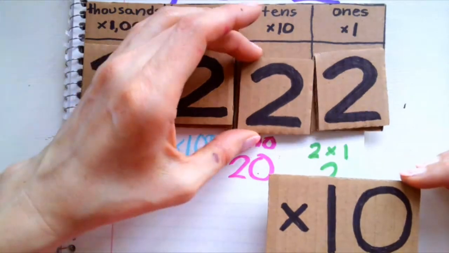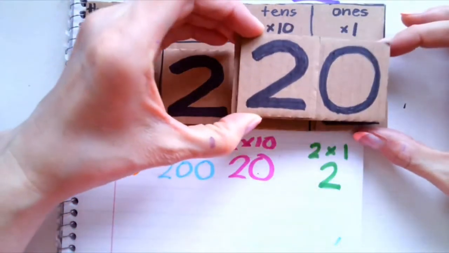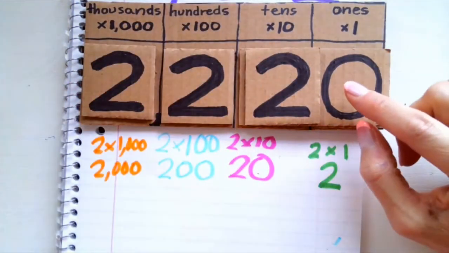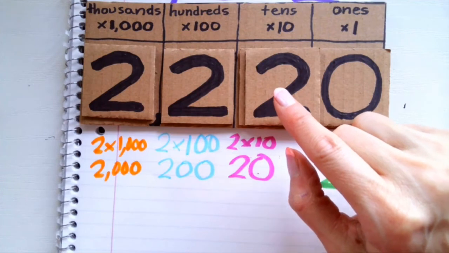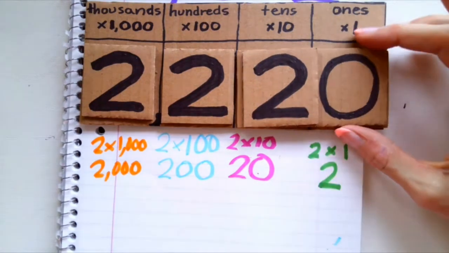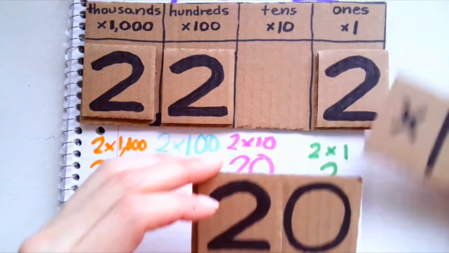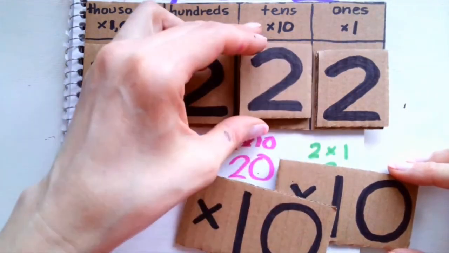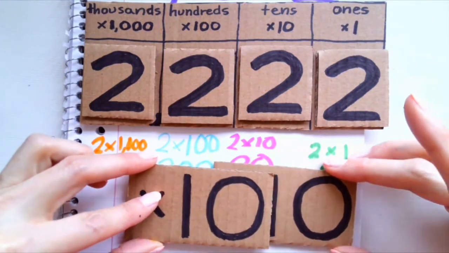Remember my trick for showing you 2 times 10 and how we just put the 0 in the ones place because the 2 moves up to the next place value to the left? It works when you go to 2 times 100. 10 times 10 is 100.